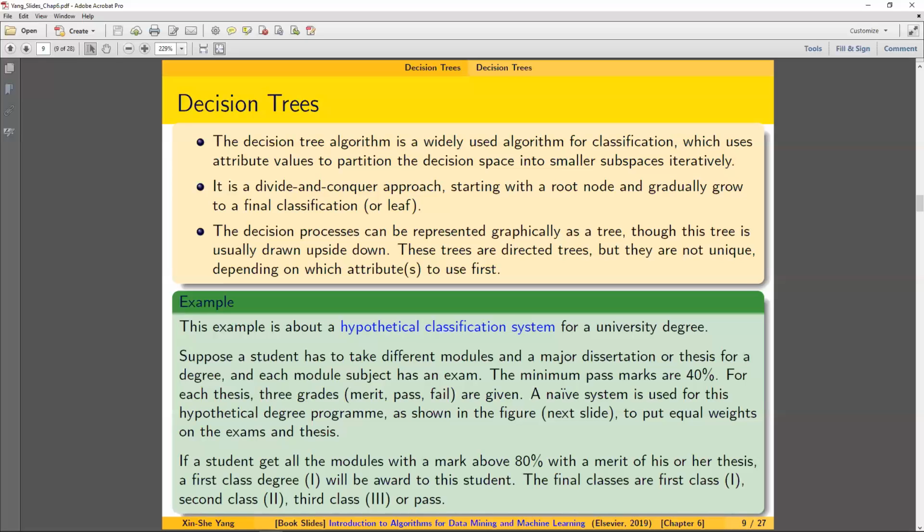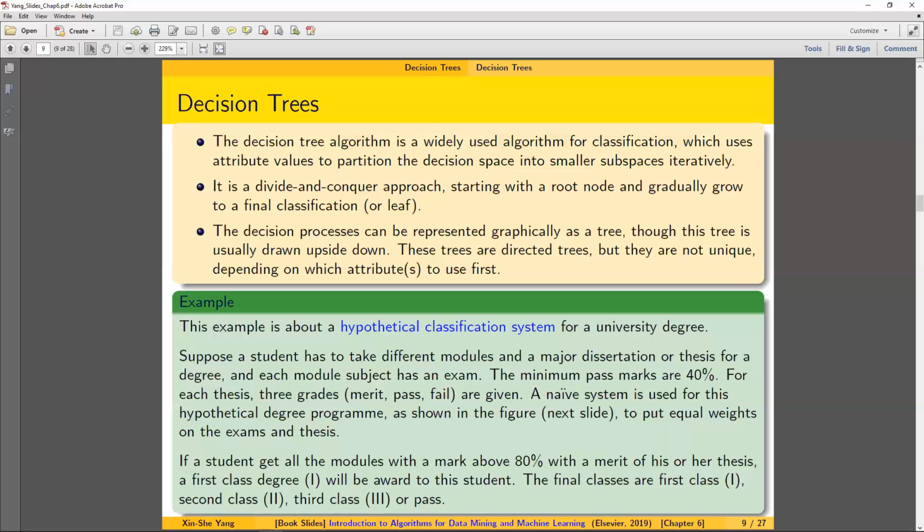The minimum pass mark is 40%, and for each thesis, 3 grades, merit, pass, or fail, are given. A Bayes system is used for the hypothetical degree program, as shown in the next slide, to see that for different marks, what's the chance of the output in terms of merit, pass, or fail.